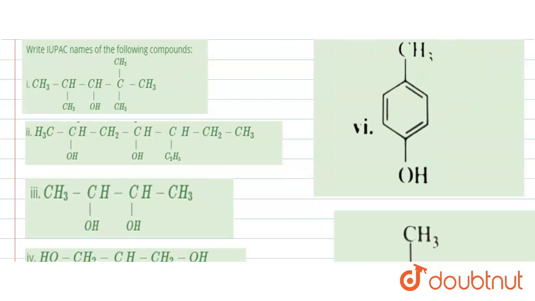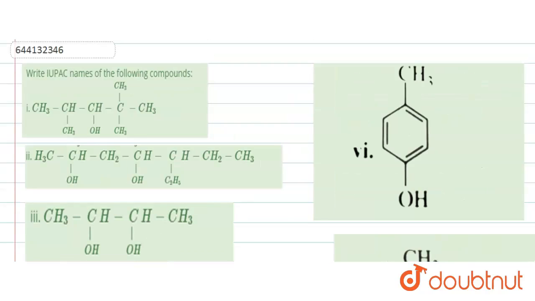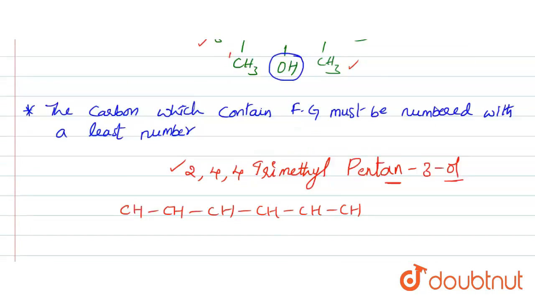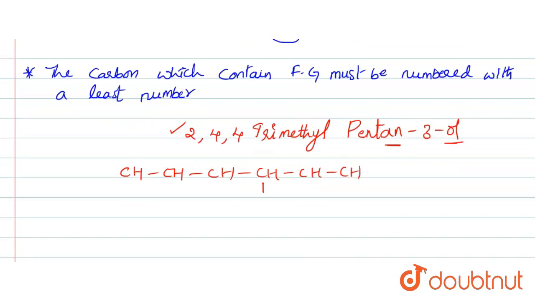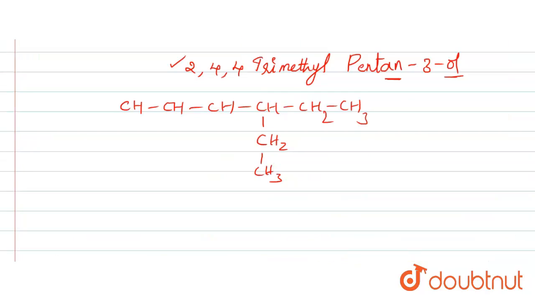The next compound is C2H5 here. That's why it is CH2, CH3, CH2, CH3, OH, OH group here.